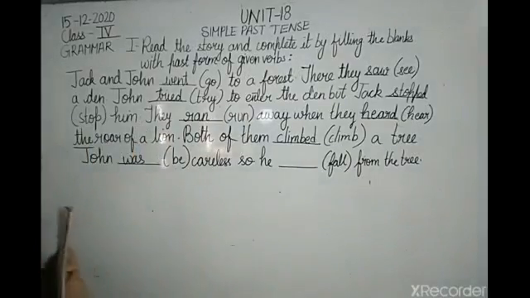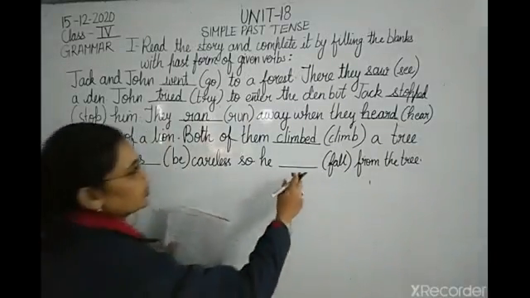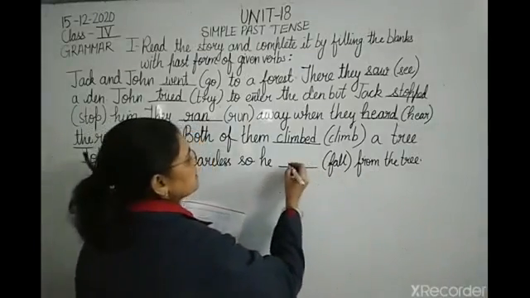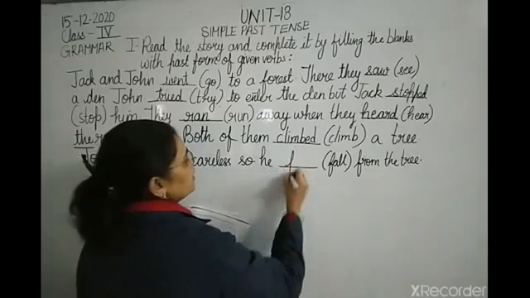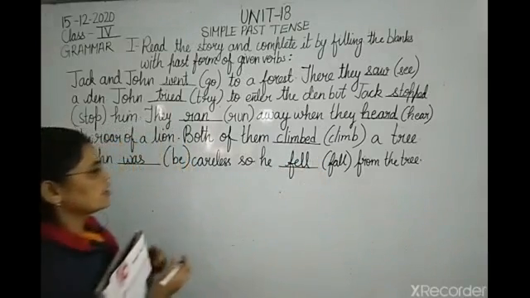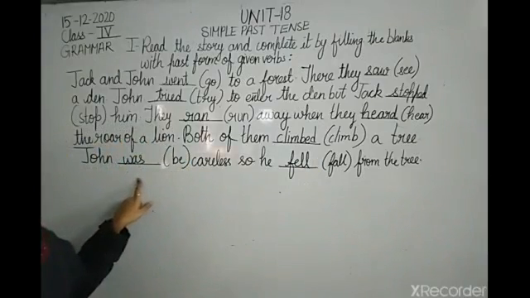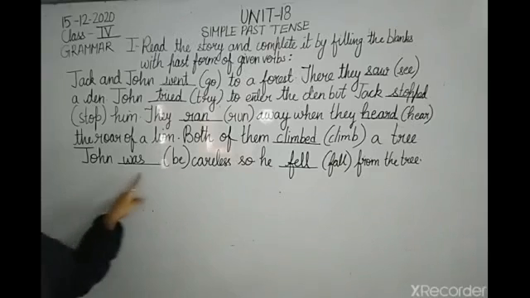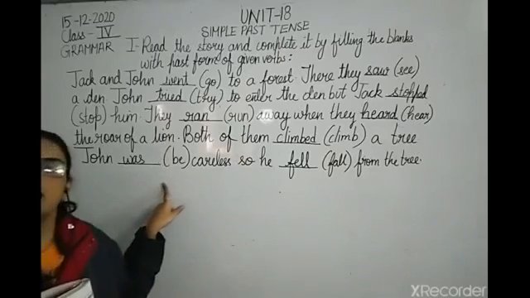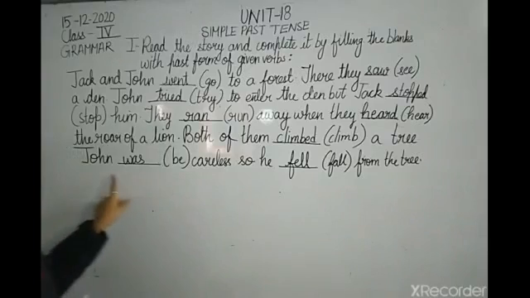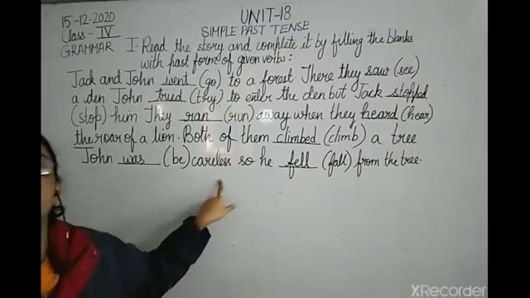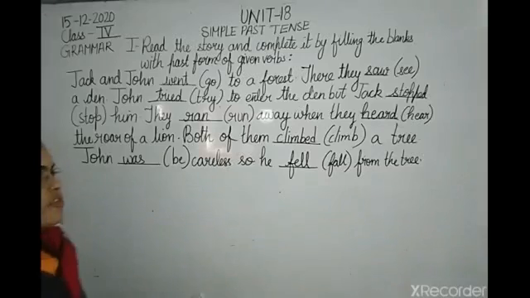So John was careless, so he fall from the tree. The past tense of fall is fell, है ना? So children please remember, be में हम यहाँ पे was लिखेंगे. अगर सब्जेक्ट प्लूरल होगा तो हम was की जगह क्या लिखेंगे बेटा? Were. Fine. So John was careless, so he fell from the tree.